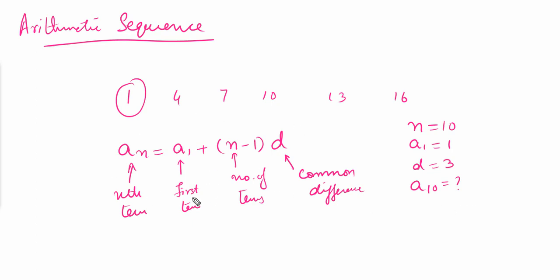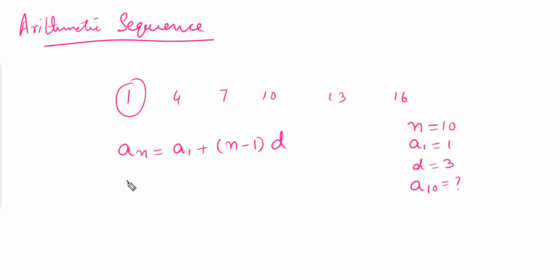Using the formula, a of 10 equals a1, that is 1, plus n minus 1, that is 10 minus 1, times the common difference 3. So it becomes 1 plus 9 times 3, which is equal to 28. So the 10th term of this sequence will be 28. This is the formula to find the nth term of the arithmetic sequence.